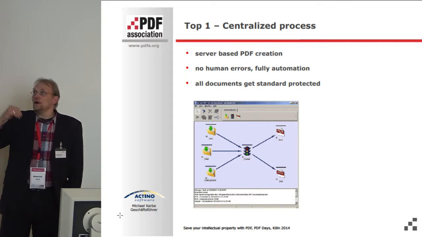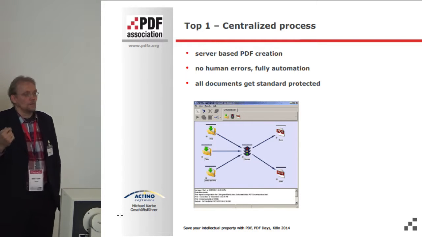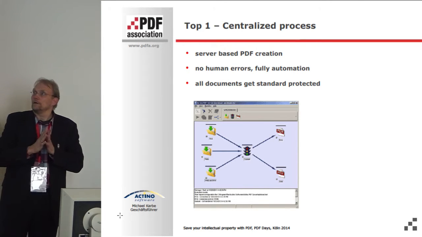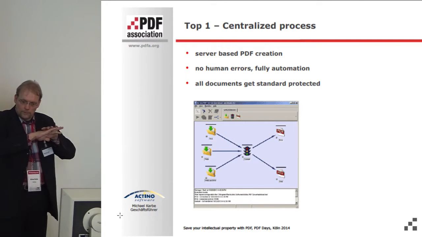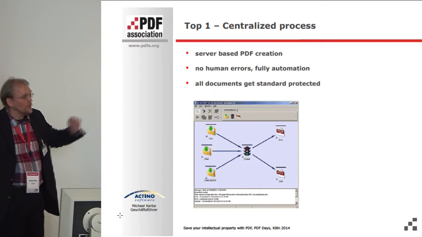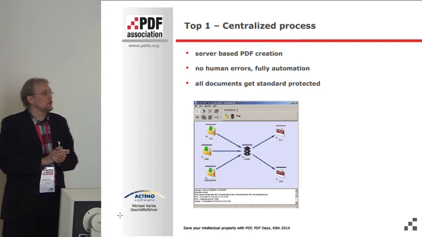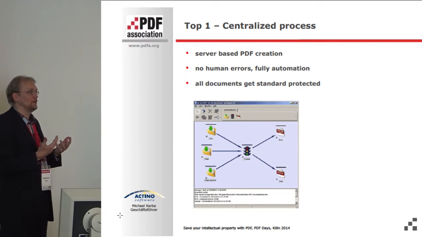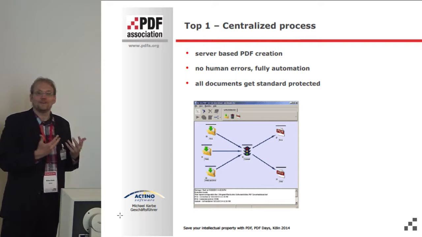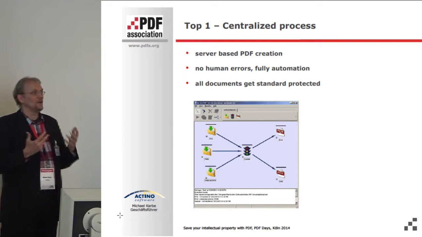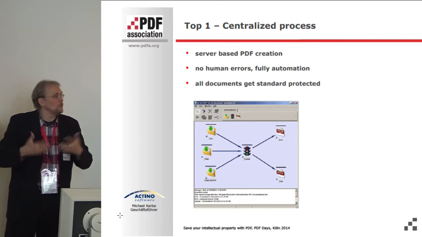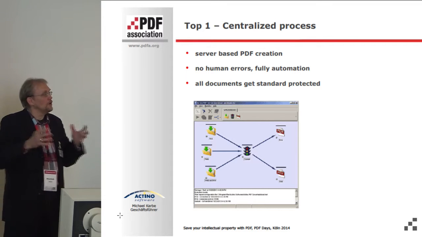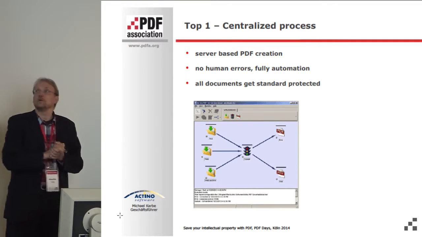And when you do it on the server, you achieve the expected level of quality, and you avoid situations in which users think about their own passwords or their own security settings. So the server is always a way to finally control the whole process.